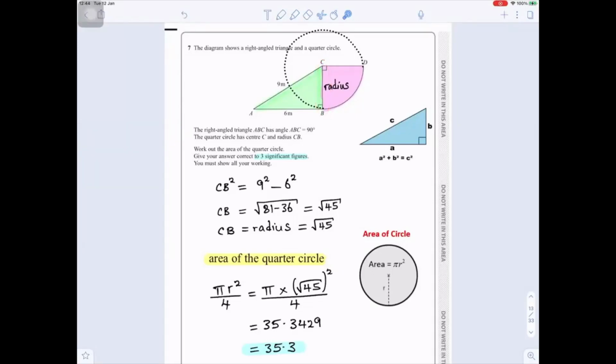The radius is represented by this line CB, which I'm circling there. And that is given by 9 squared, the hypotenuse, 9 squared minus 6 squared, and square root of that. So it will be square root of 81 minus 36, and that gives you square root of 45. That square root of 45 is the radius of that circle.